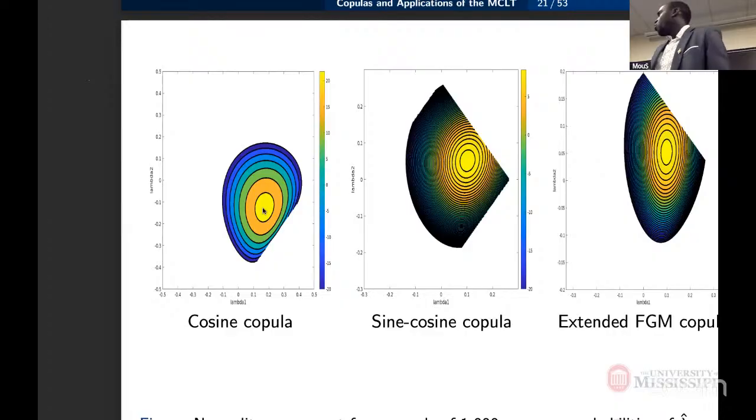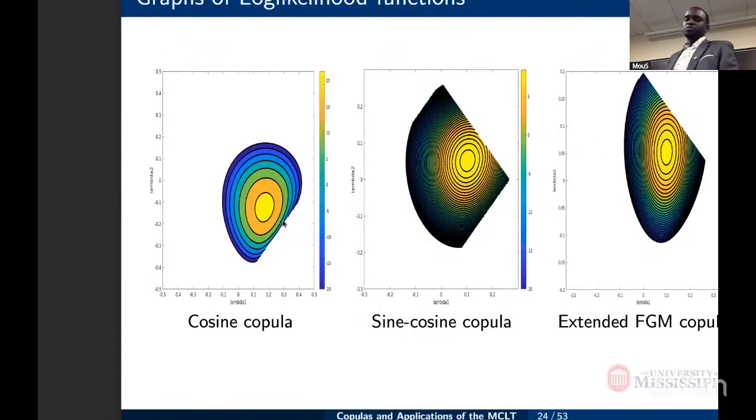There is only one high point, which is this one. For that case, we only have one peak for the sine cosine copula. We only have one peak for the extended FGM copula, which means it is unique. There are no other bumps or peaks in the graph of the log likelihood functions. And it exists because it lies within the region that is appropriate for the log likelihood of the copula.